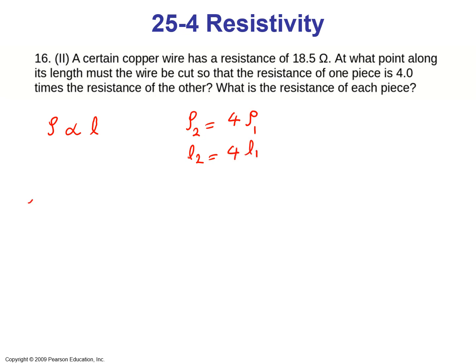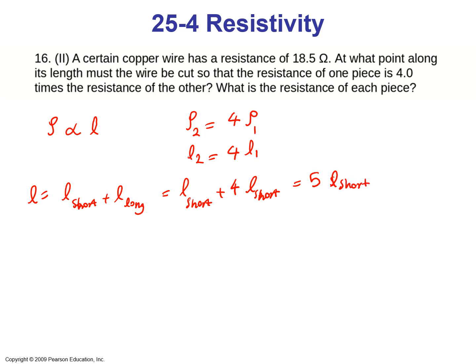So we say total length is length of short plus the length of long, and this is equal to length of short plus 4 times length of short, and this is equal to 5 lengths of short piece.